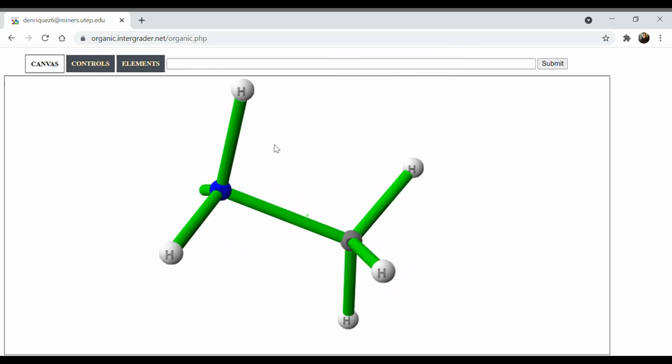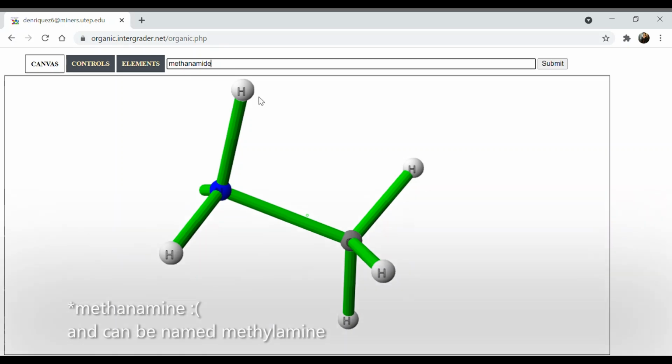Okay, so this one I'm just going to name methylamine. Okay, sorry, methanamide. I'm not sure if you can name it methylamide. I feel like you'd be able to. No, let's stick to methanamide.